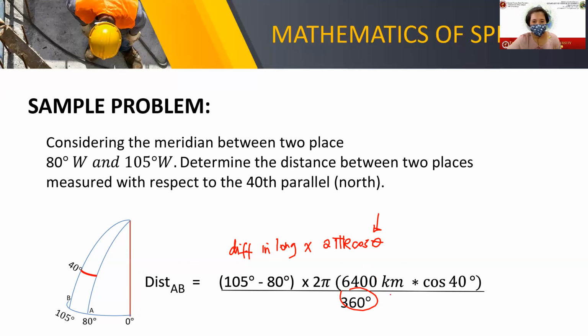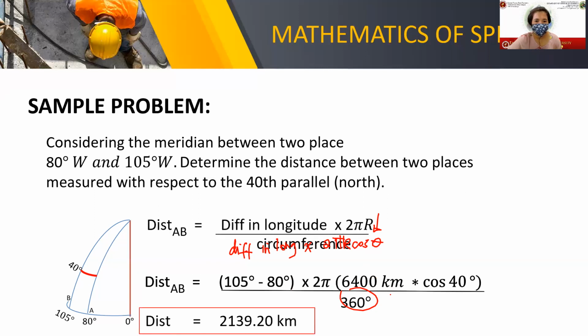So distance AB is equivalent to 2139.20 kilometers. What we solved earlier was 2792.5 kilometers, versus 2139.20 kilometers, so this is a large difference.